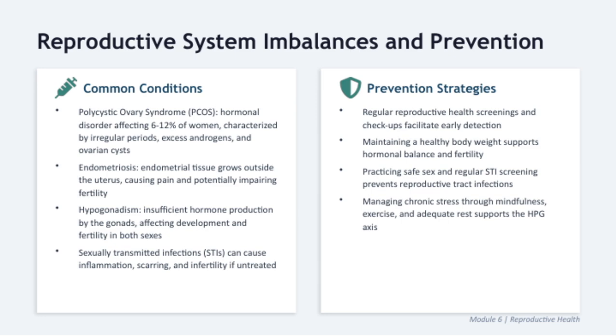Hypogonadism, on the other hand, is when the gonads don't produce enough hormones, affecting development and reproductive capacity in both men and women. Finally, sexually transmitted infections, or STIs, can lead to inflammation, scarring, and even infertility if left untreated. Recognizing these common conditions and understanding prevention strategies is vital as we work towards overall reproductive health and well-being.